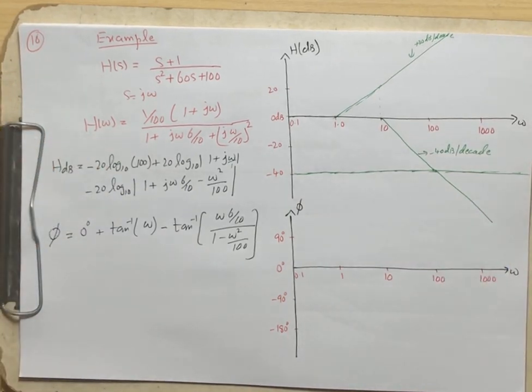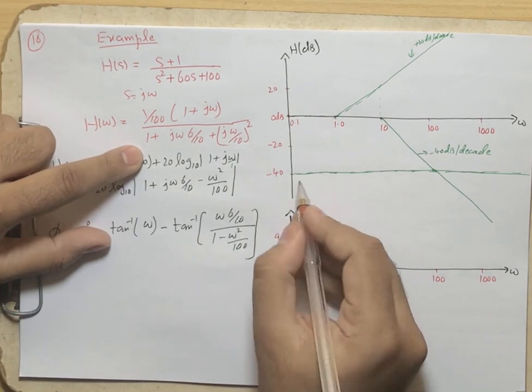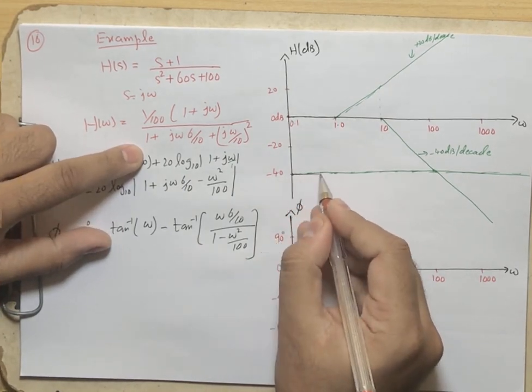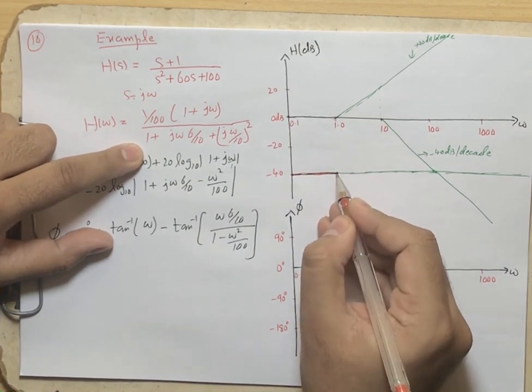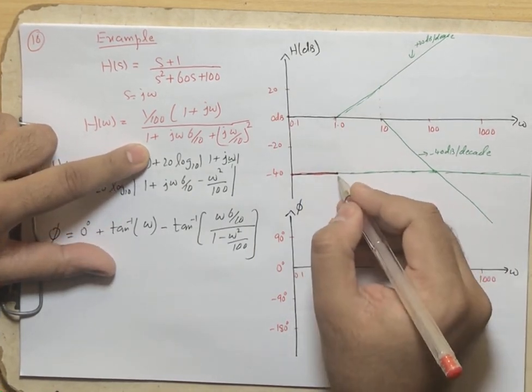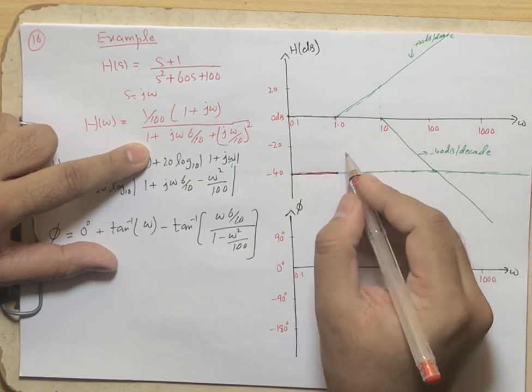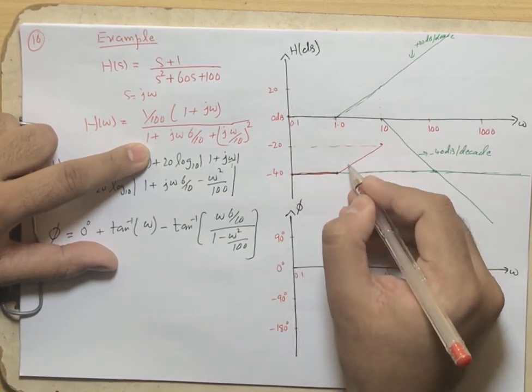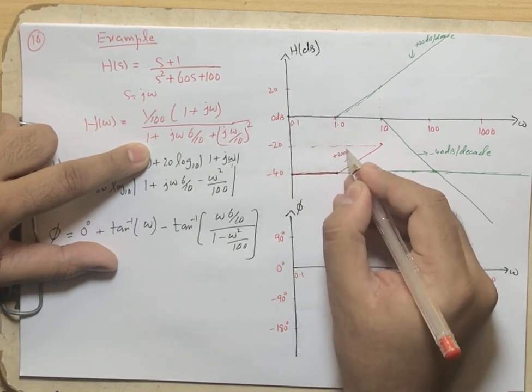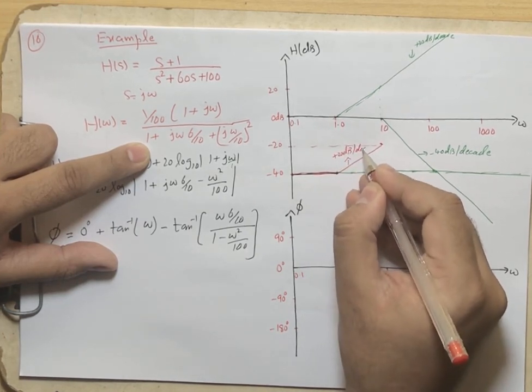So now I am going to add them all up. At 0.1 you will start from minus 40 until 1, and from 1 to 10 it will come up to minus 20. So this is basically positive 20 dB per decade.